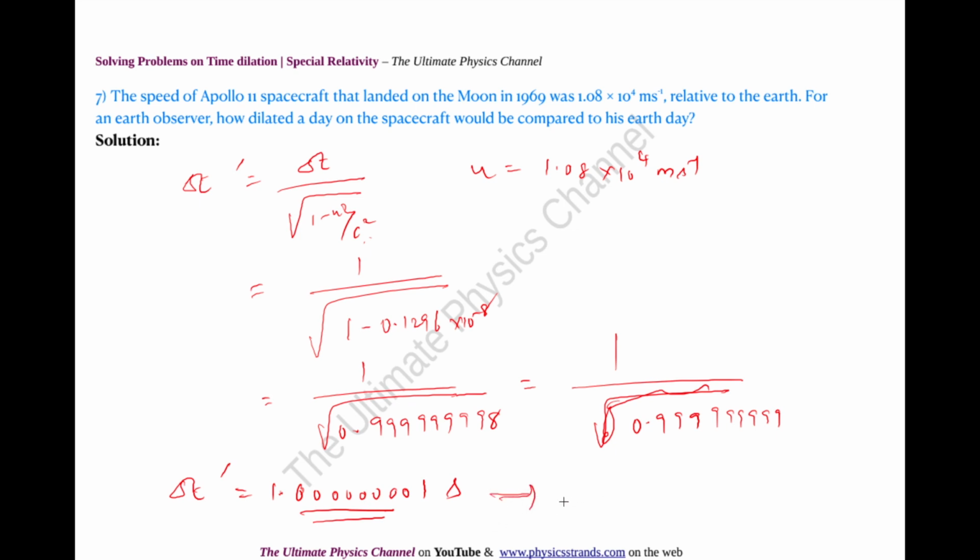If you do the exact calculation, taking into account the last decimal accurately, you would get about 0.65 nanoseconds. That is the gain of the clocks carried by the astronauts on the spacecraft that went to the moon on the Apollo 11 mission.